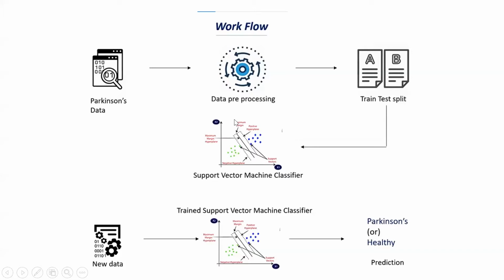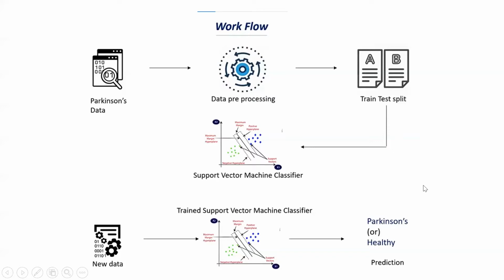If the location of these support vectors changes, the hyperplane also changes. When you give a new data point, it will try to find on which side the new data point belongs. So this is the working principle of the SVM classifier. It tries to find a separating line. You can see this is a separating line. So this is the workflow which we will follow.